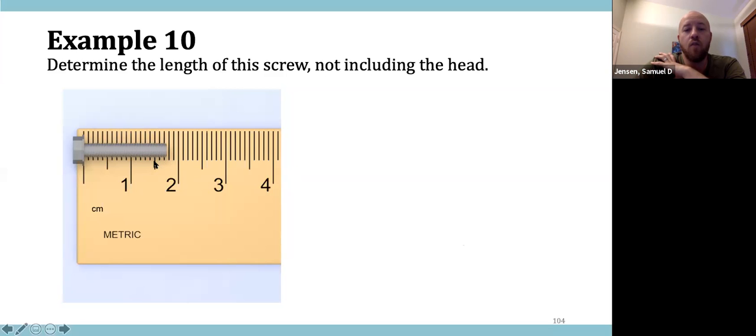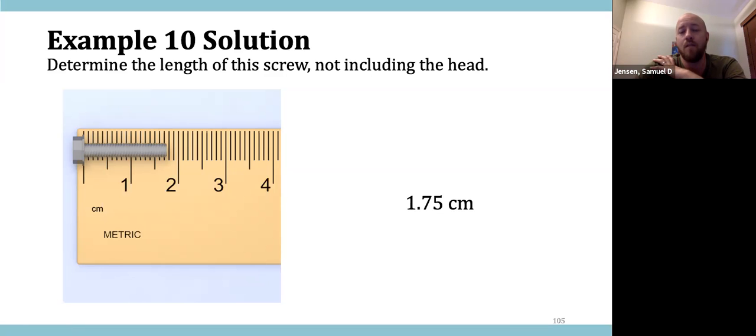So we got 1.5, 1.6, 1.7. It's slightly more than 1.7, but not quite 1.8. So we can estimate that second digit. That second digit is an estimation. Your estimation might have been slightly different than mine, but the point is that we put the extra digit in there. This is what I'm looking for on a test, for a quiz question.